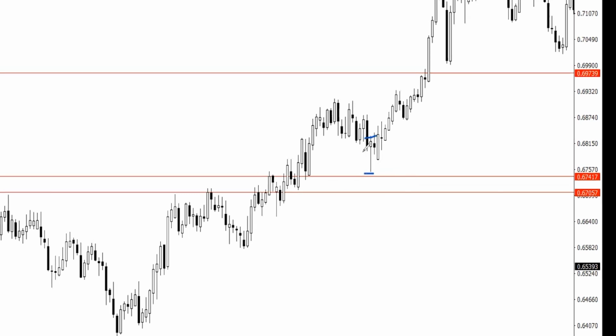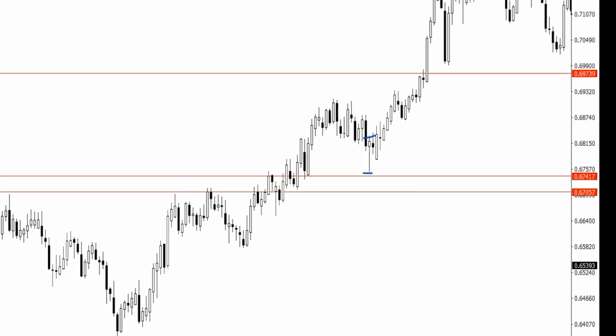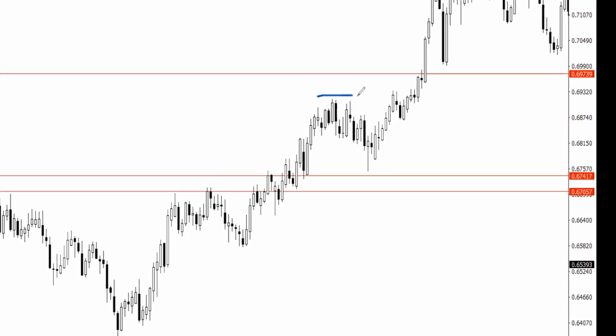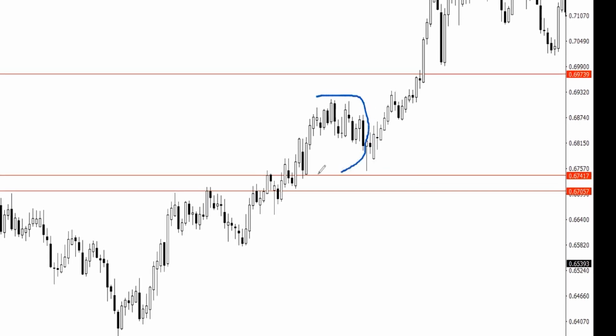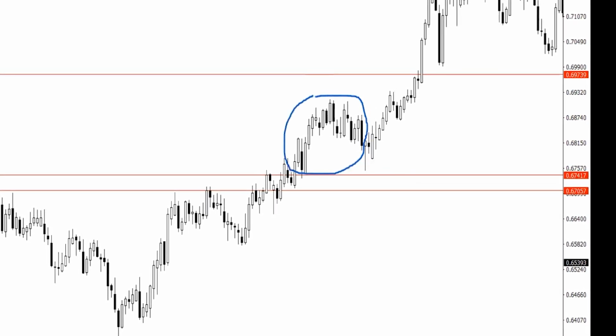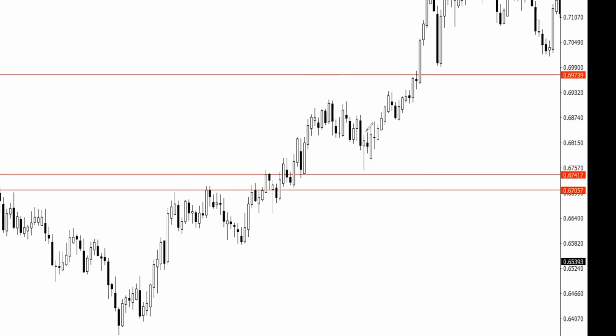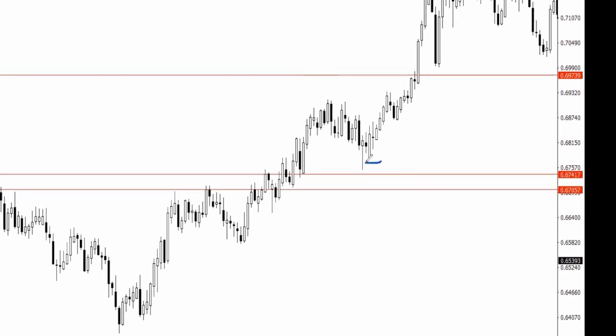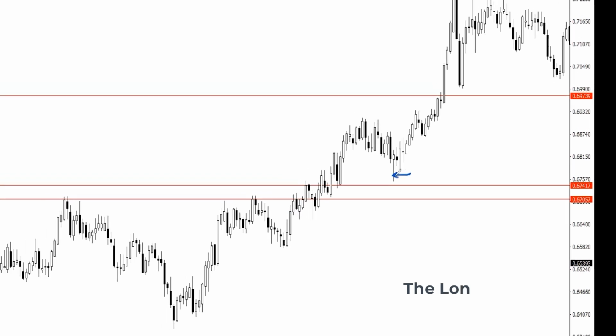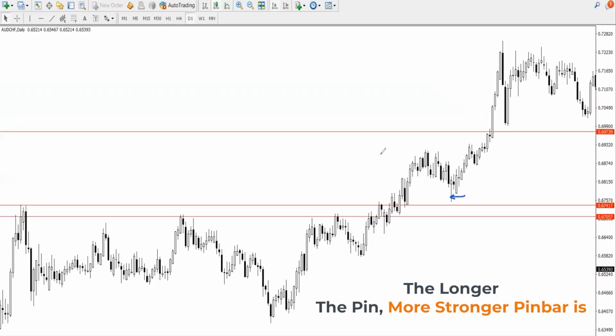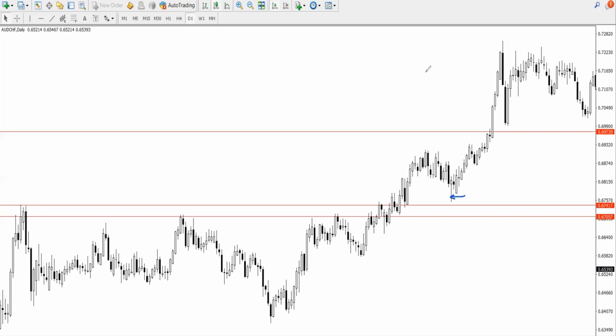bullish pin bar. Once again, you can see it stands out from the rest of the surrounding price action to our left. The long pin makes it very obvious to spot. So the longer the pin, once again, the more relevant, the stronger the pin bar is. Not all pin bars have to have long pins, but the longer the pin, the more relevant it is.